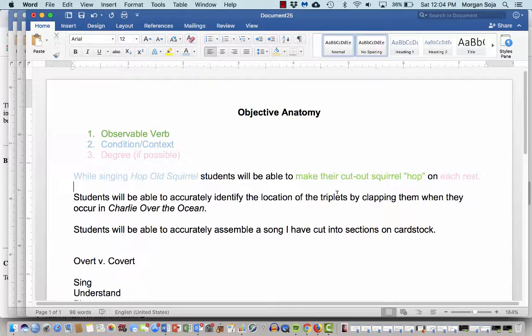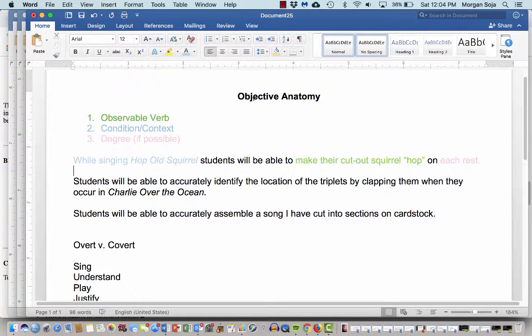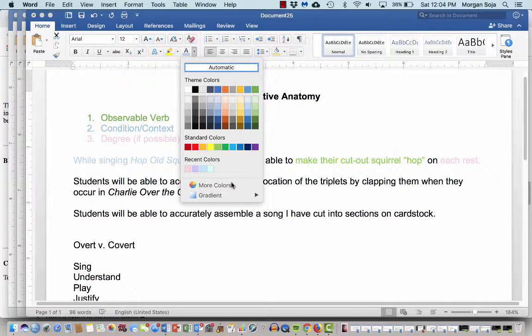How about: students will be able to accurately identify the location of triplets by clapping them when they occur in Charlie Over the Ocean. All right, so what are our verbs? We've got identify, and identify is a verb.